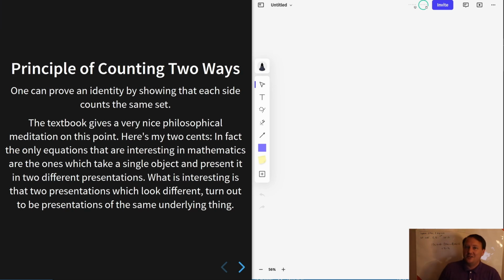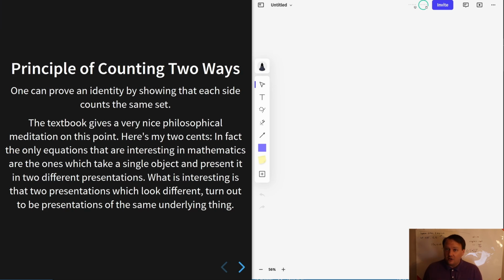The textbook gives a nice and brief sort of philosophical meditation on this idea. I'll just chime in and say, not only do I agree, of course, with what was in the textbook on this point, but also I think this is more pervasive, really. We don't even have to be talking about combinatorics. In all of mathematics, whenever we state an interesting equality, we have something on the left which is not obviously the same thing as on the right.